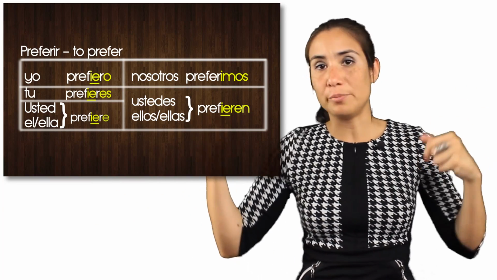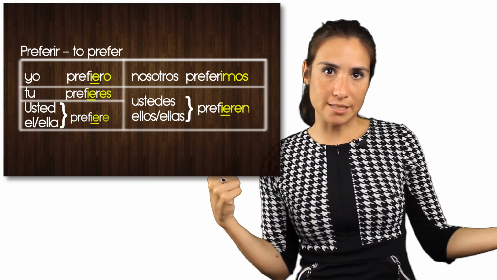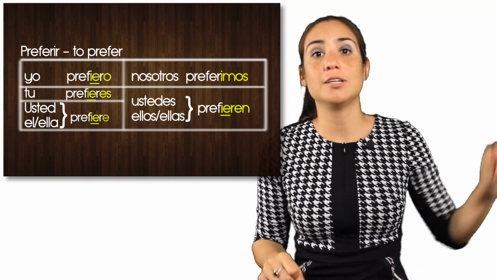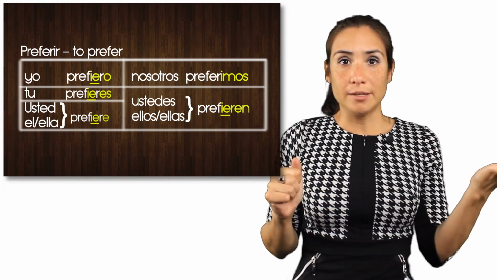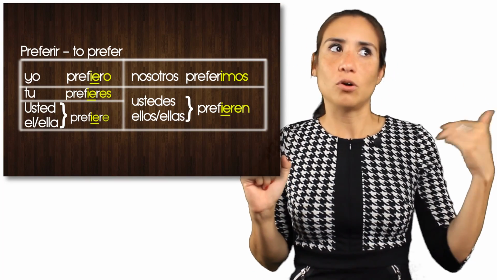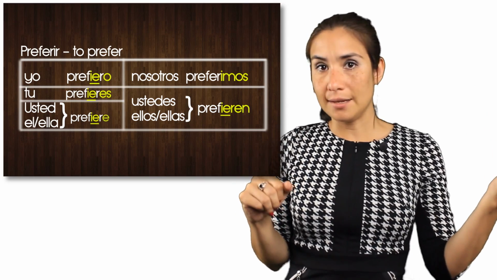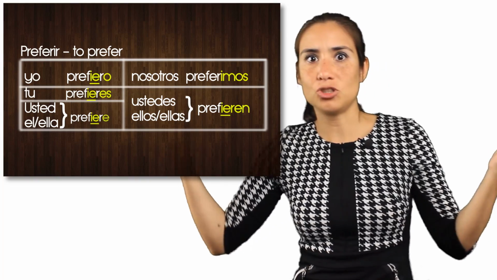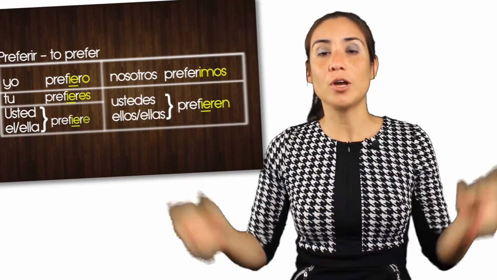Prefiero comer. Prefiero ir al cine. And then if you want to compare with something, it's yo prefiero comer carne que pollo, right? Steak than chicken. Comer carne que pollo. Okay, very well.